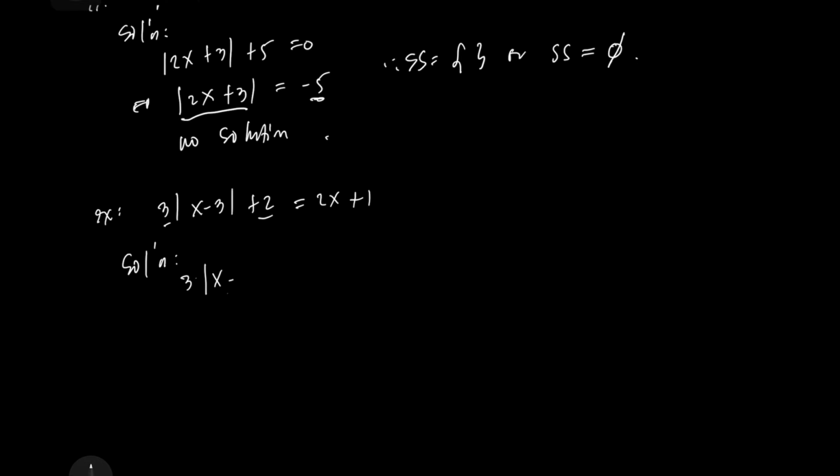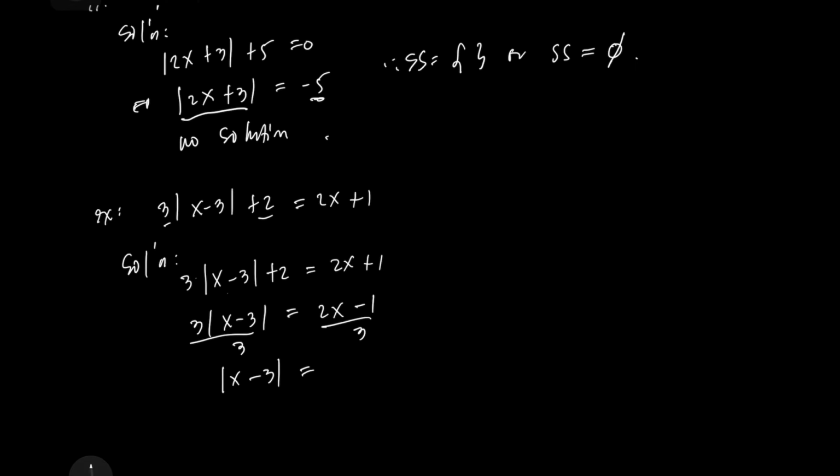Addition property of equality first. We have absolute value of x minus 3 equals 2x plus 1 minus 2, which is minus 1. And then dividing by 3 on both sides of the equation, we have absolute value of x minus 3 equals 2x minus 1 over 3.